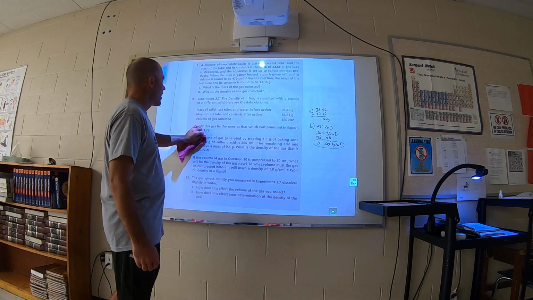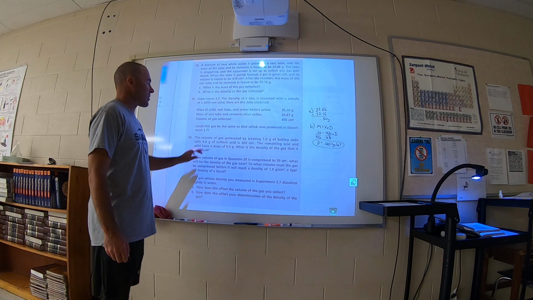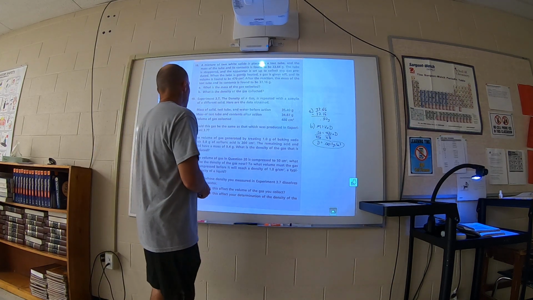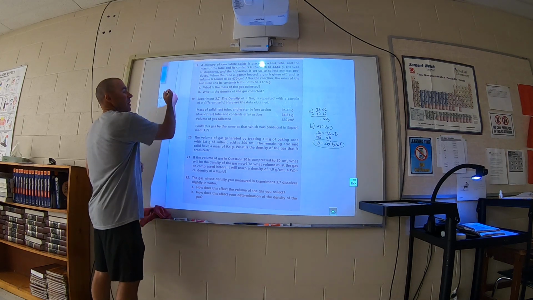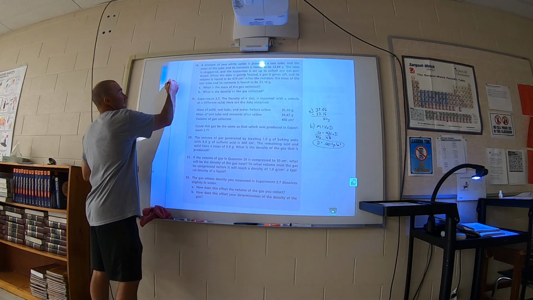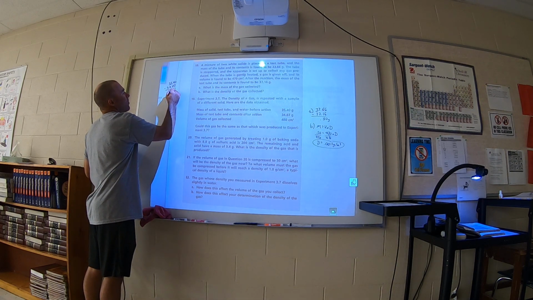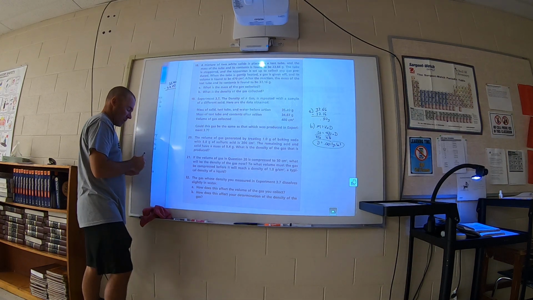We know the stuff in 3.7 has a density of 0.0018. So let's figure out what the density of this is. If we do a little math here, to find the mass of the gas, 35.40 minus 34.87, you get... I better do that here.